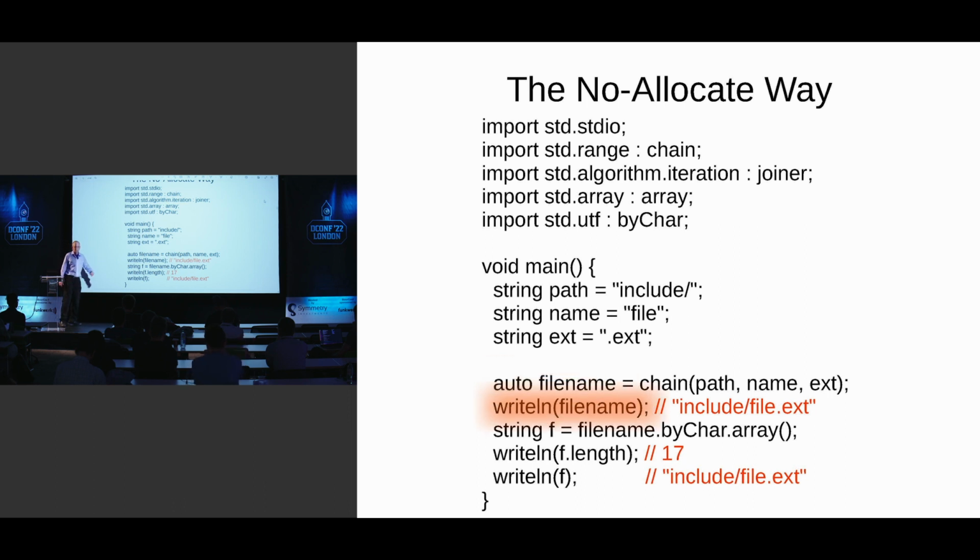So writeln knows about input ranges. So if we chain it and then we pass the chained object to writeln, it knows how to figure it out, and it will print that. If we take the chain and we access it by character and store it in an array, then we're actually allocating memory, and it prints the same thing.